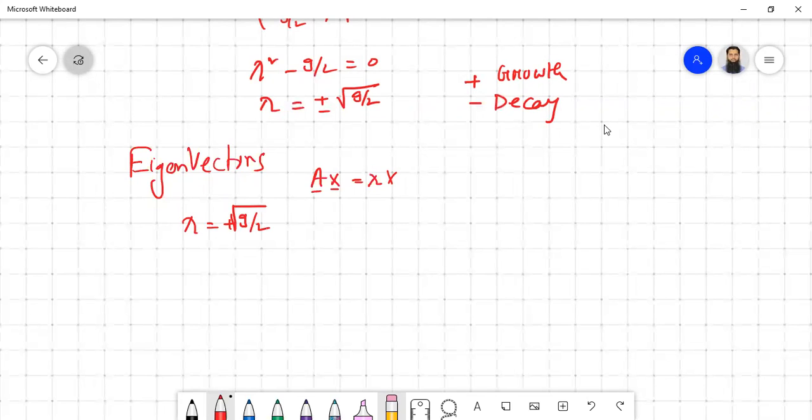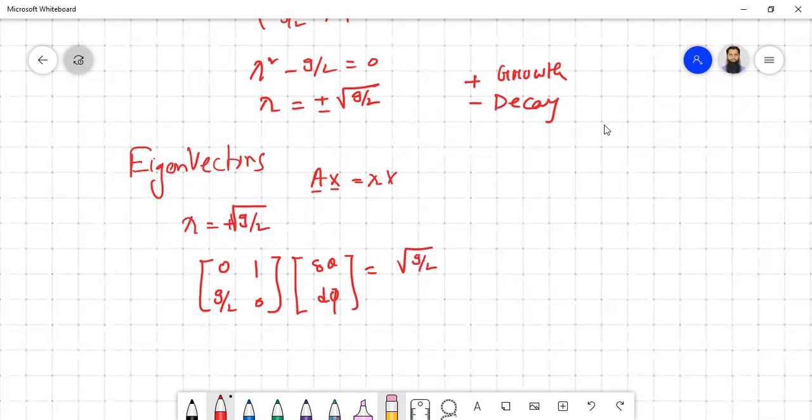Okay, so A is basically 0, 1, g by L, 0, and say your x is del theta and del phi. So this will give us root over g by L, which is lambda, times del theta and del phi.